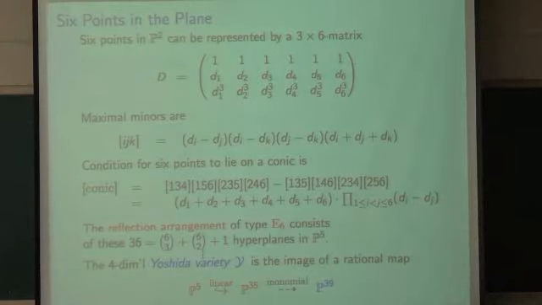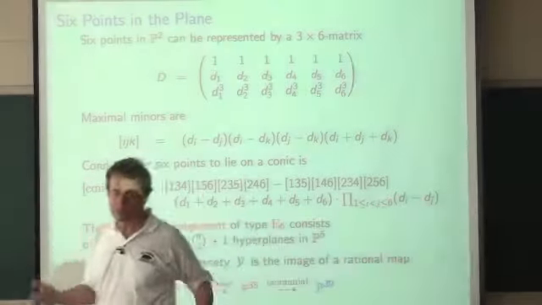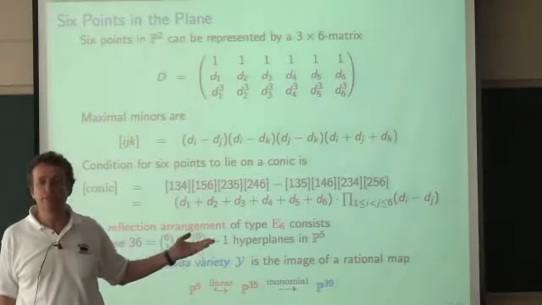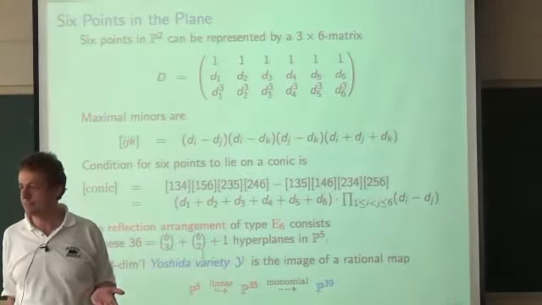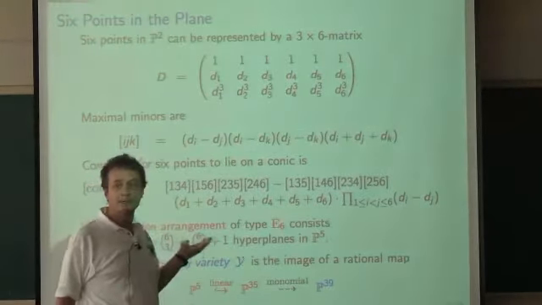So we have an arrangement of 36 hyperplanes in P5. That is E6. If you didn't know E6 before coming to this talk, now you do. This is E6. This is the reflection arrangement of type E6. It's those 36 hyperplanes.